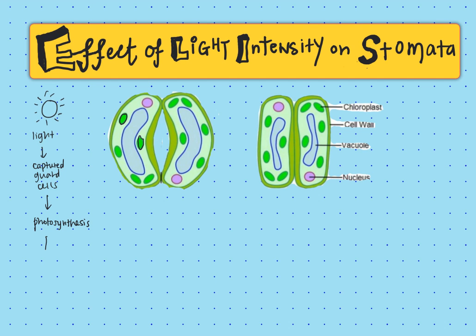After photosynthesis, they will produce a lot of glucose, which also lowers the water potential inside the guard cells.